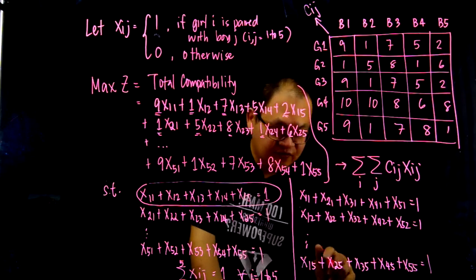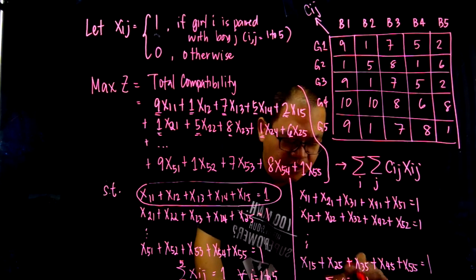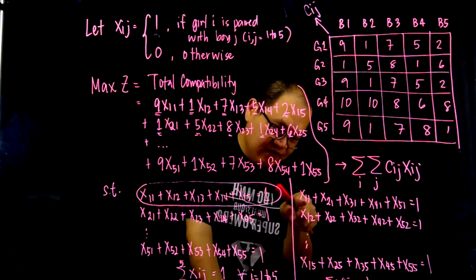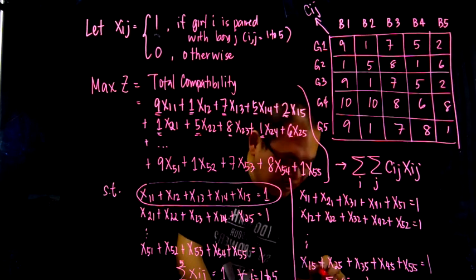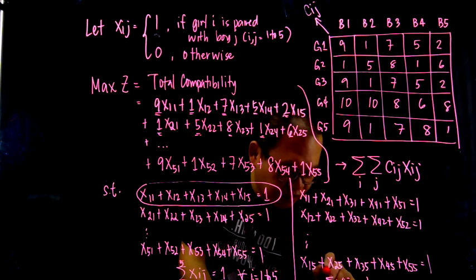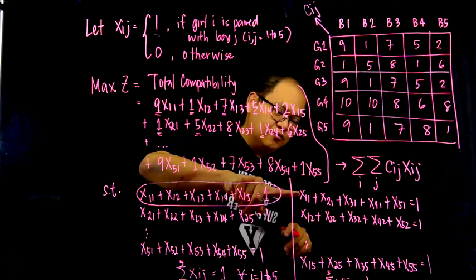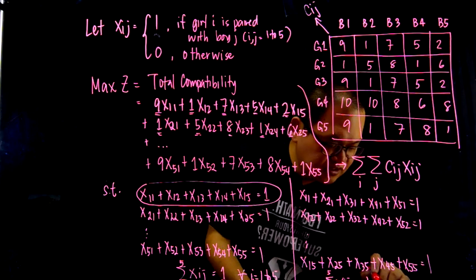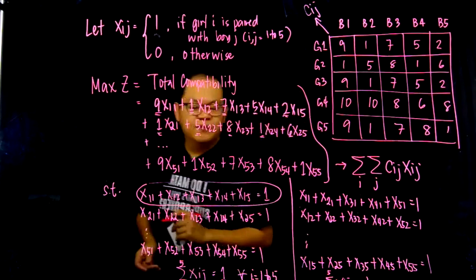for the constraints for the boys, we have the summation of xij equals 1, and you're getting the sum over i's. So look at this. You have i equals 1, i equals 2, i equals 3, i equals 4, i equals 5. So you're getting the summation over i equals 1 to 5. And you're doing the same thing for j equals 1, j equals 2, until j equals 5. So this is for j equals 1 to 5.